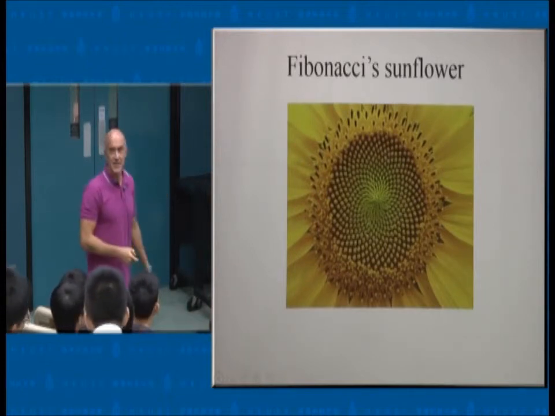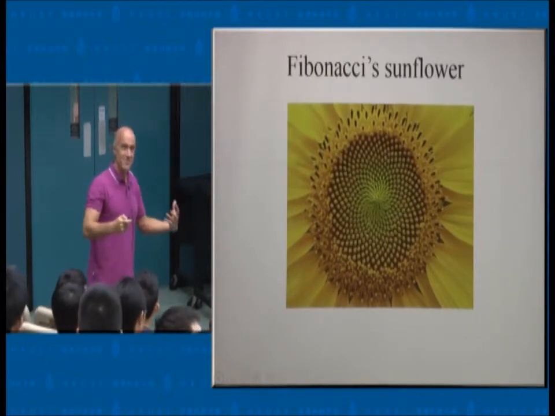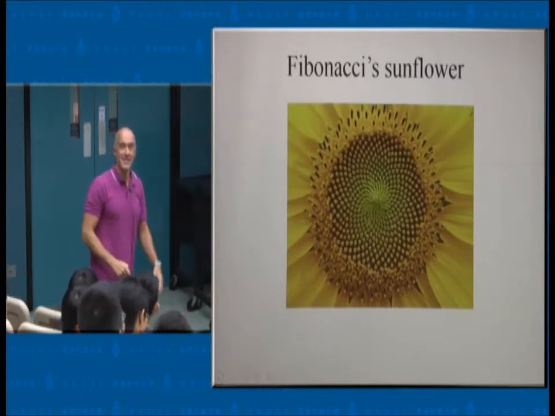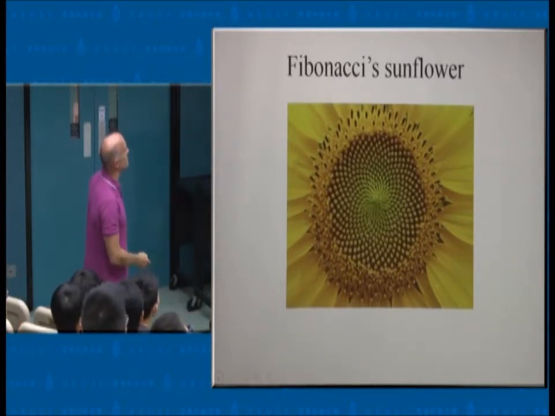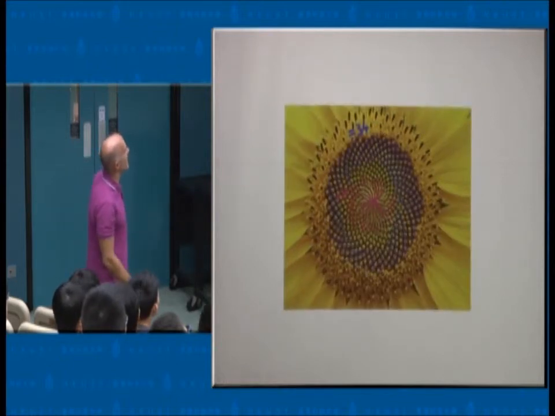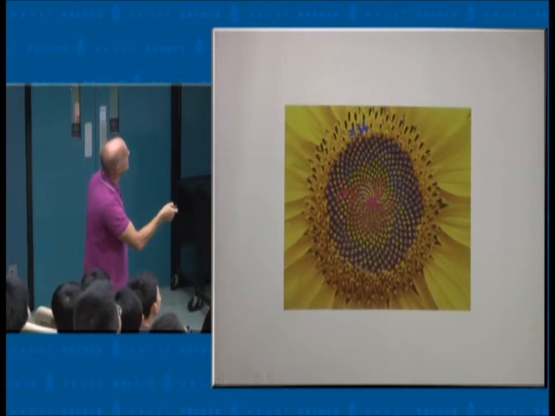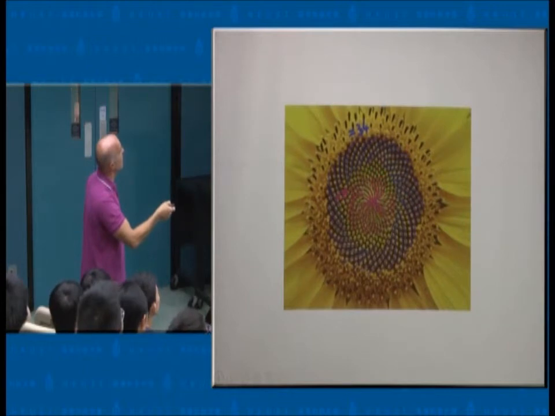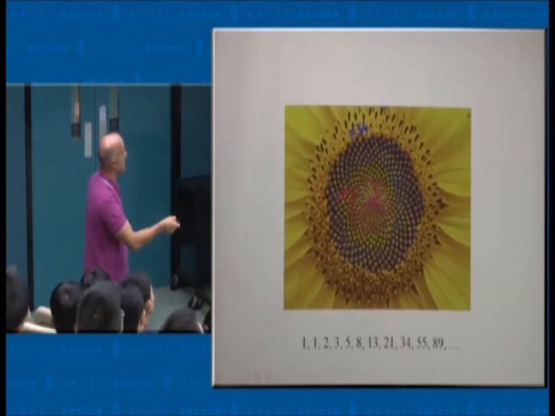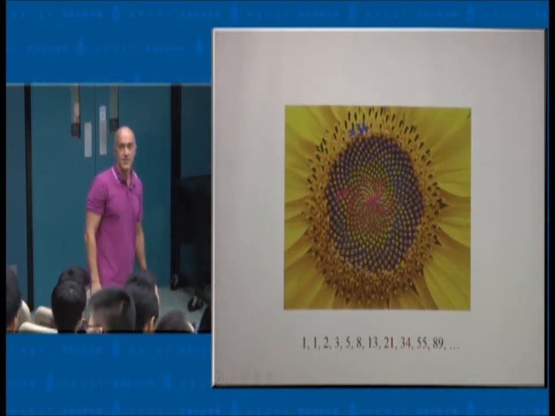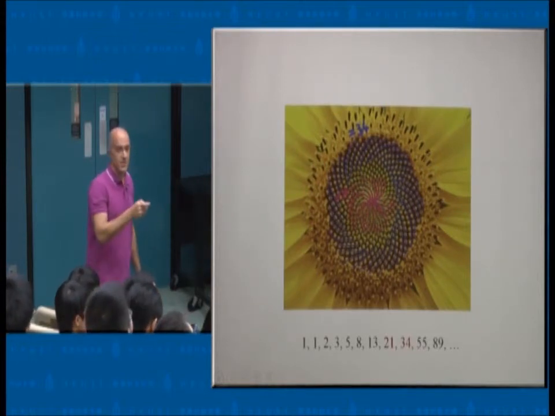But it's good because it shows you experiments, right? It's possible for a mathematician to do experiments. So here's the count: 21 and 34. So 34 going clockwise, 21 going counterclockwise. Those are two Fibonacci numbers, right? This is the Fibonacci sequence, 21 and 34. OK?